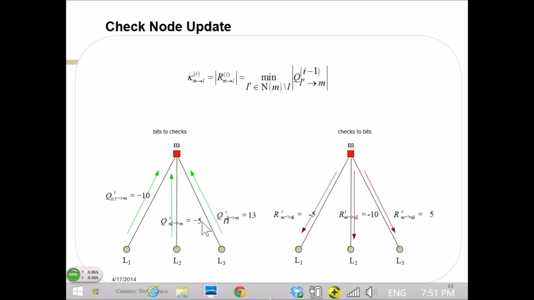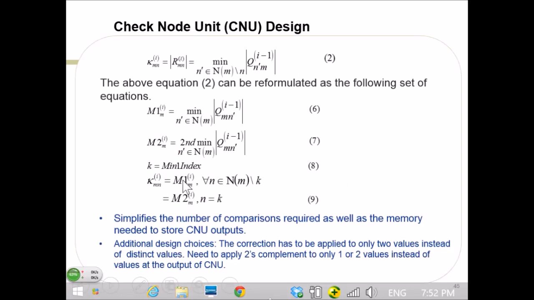Now what we're saying is you don't need to do that. You just need to find the first minimum and minimum two, and what you're getting as the result is min one and min two. So you don't need to do the minimum of 35 inputs 36 times; you need to find min one and min two among 36 inputs one time, and then do the assignment here.